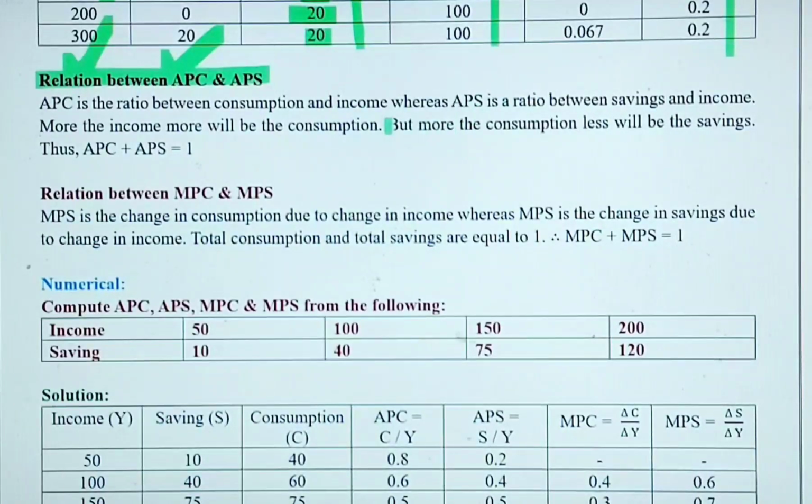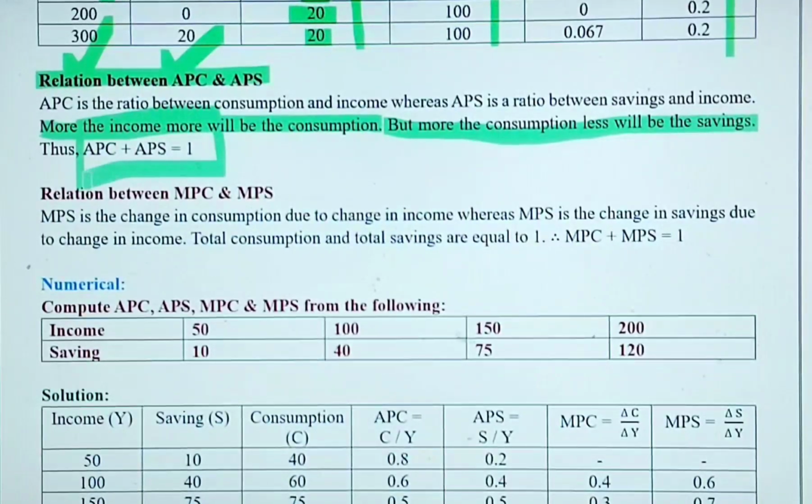So savings has an indirect relation with consumption, but income has a direct relation with consumption. Keep that in mind, and always remember this formula: APC plus APS is always equal to 1. This is a very important formula, always keep it in mind.